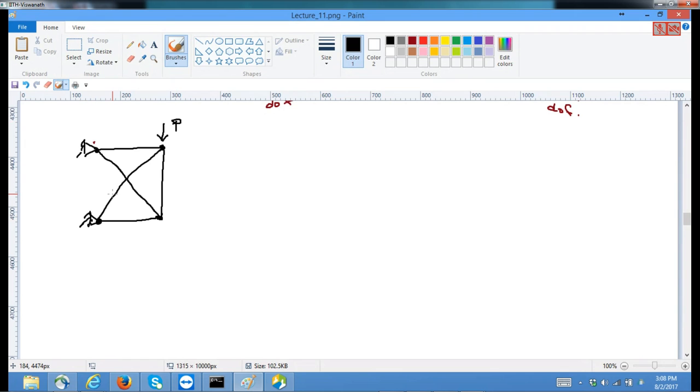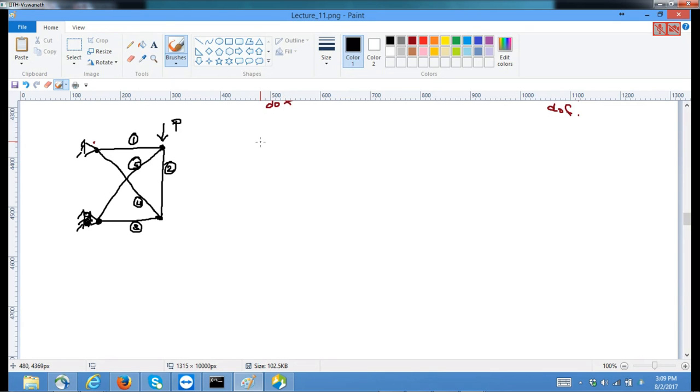So this member consists of, or let me put this one as a roller, it doesn't matter. So this is number 1, this is number 2, number 4, and 5 elements are there.